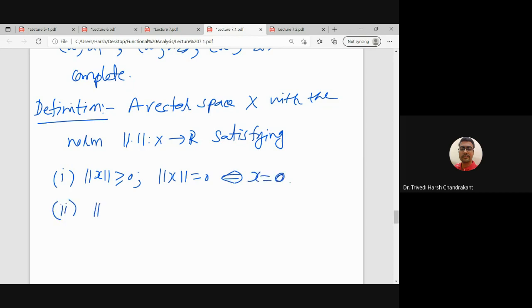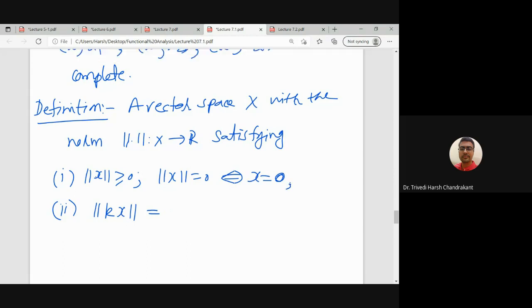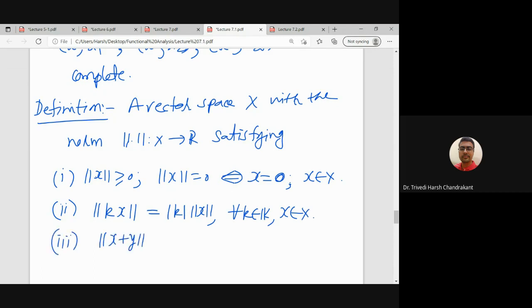Second property is norm of kx is modulus of k times norm x, for all k in the scalar field, x in X. And the third property is the triangle inequality.